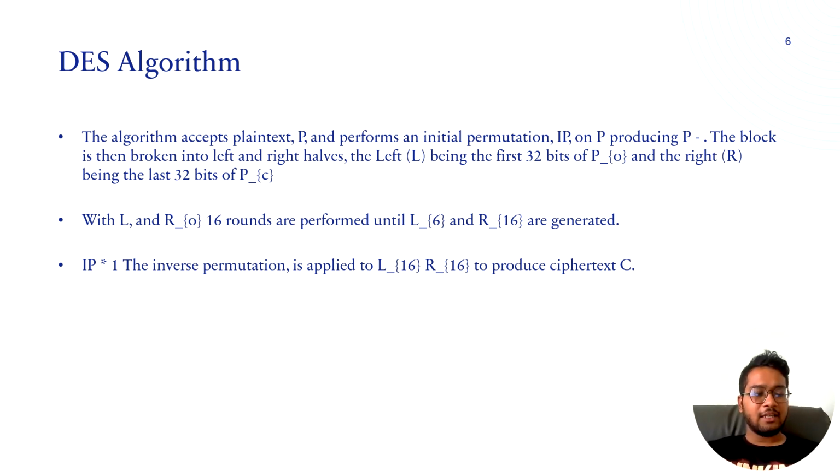Now each of the left and right halves goes through 16 rounds of the encryption process. At the end, the left and right halves are rejoined, and the final permutation is performed on the combined block. The result of this process produces 64-bit ciphertext.